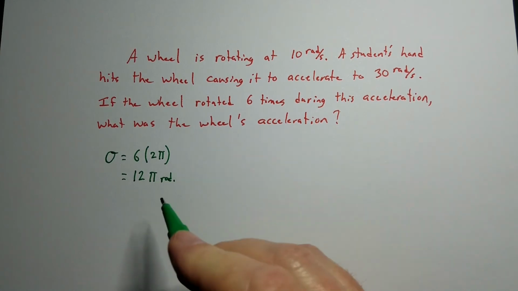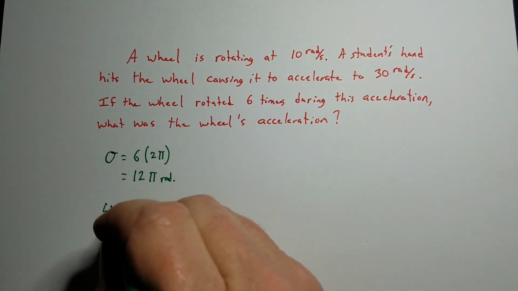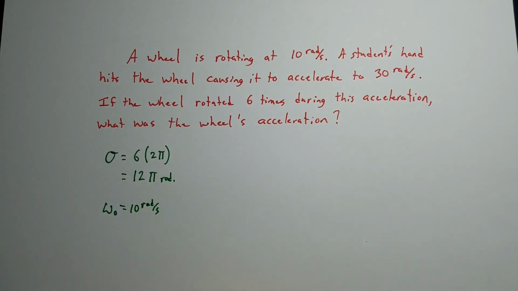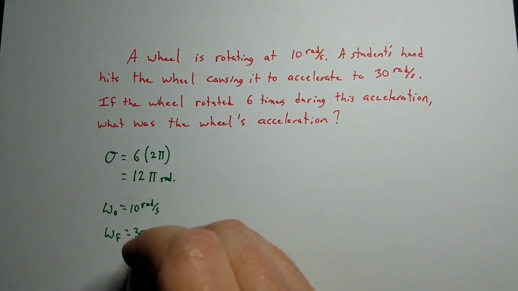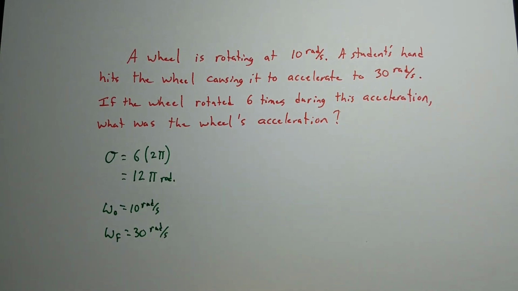Keep that in mind. Now we've got the original speed of 10 radians per second, and the final is 30 radians per second, and we want to figure out the acceleration. Now, I don't know time, nor do I really care. It doesn't ask me for it.